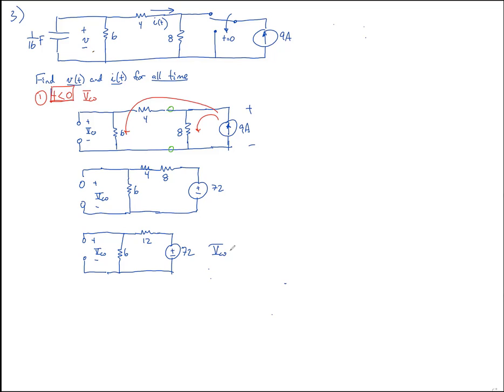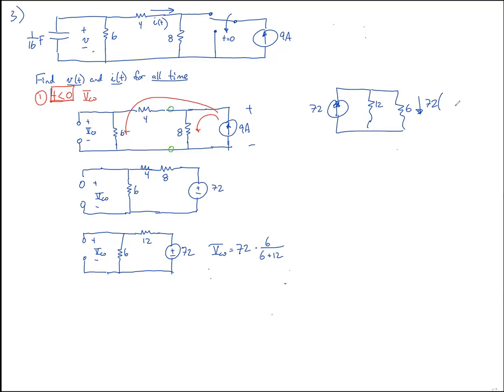And just by inspection, VC naught is going to be the source times what? What's in the numerator? R2. Yeah, the one you want to find, which is 6 over 6 plus 12. If it was a current divider, what would go on top? If it looked something like 72 amps, and there was one resistor here and one resistor here, and it was 12 over here, and it was 6, what's the formula for this current?